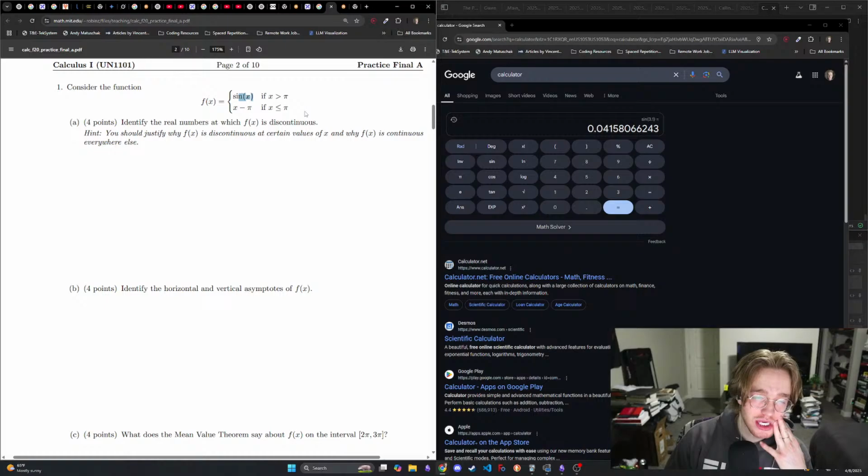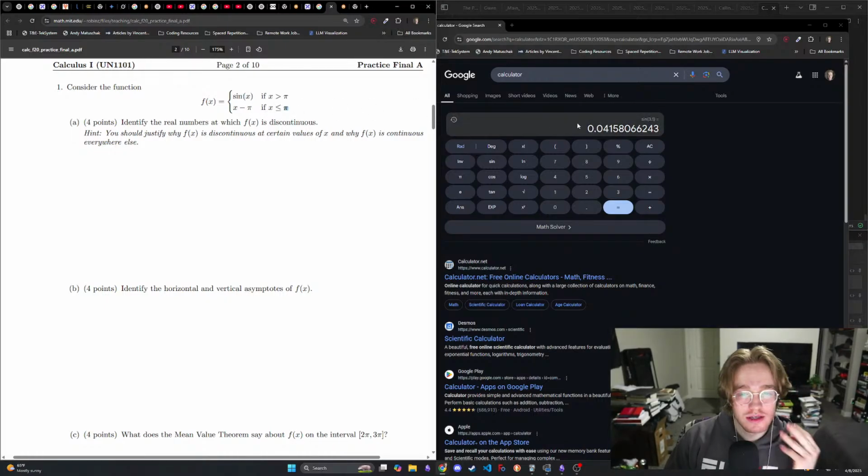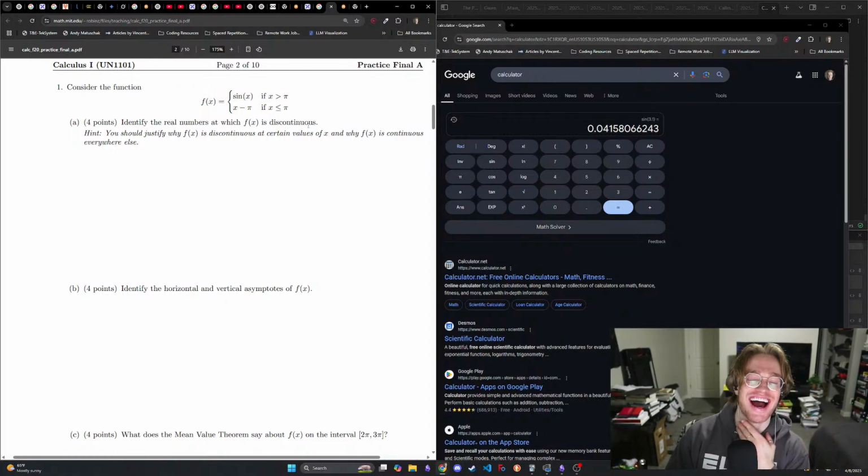Wait a second. No, actually, we do not have a discontinuity. I've revised my statement, because sine of pi is 0, and then x minus pi, if this is equal to pi, is also 0. And so these transition perfectly.